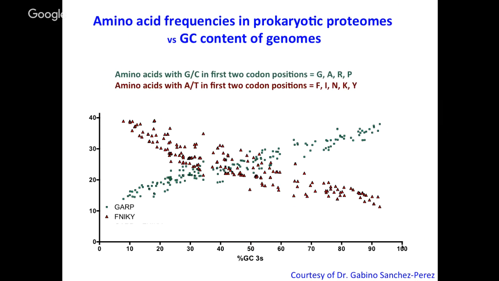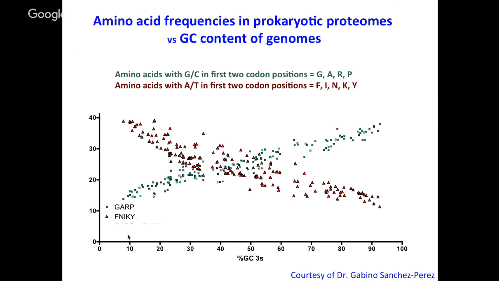So high GC is up here at 100%, low GC is down here near 0%. And on the y-axis is shown amino acids grouped according to whether or not they have G and C in the first two codon positions, or A and T in the first two codon positions. So GARP is GC rich, FINKY is AT rich.